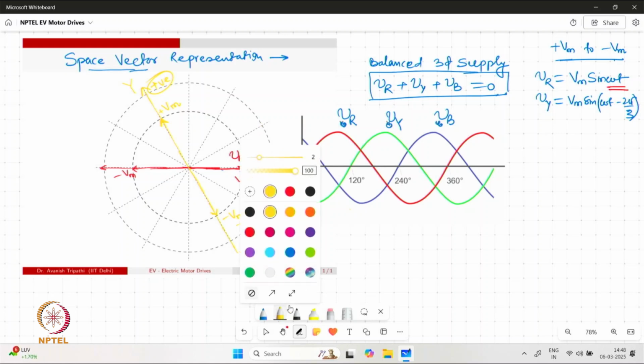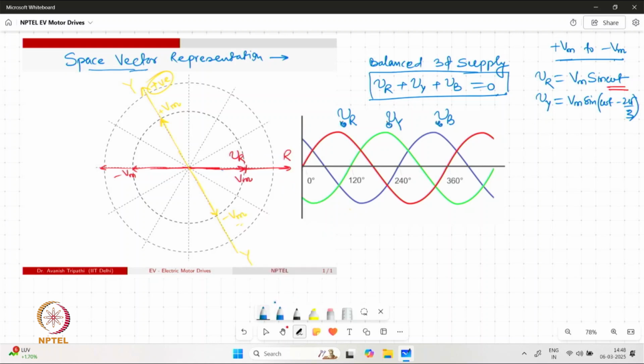Similarly, when we are talking about the B phase system, Vb is given by Vm sin omega t plus 2 pi by 3, we'll place it again 120 degrees shifted from the Y axis.